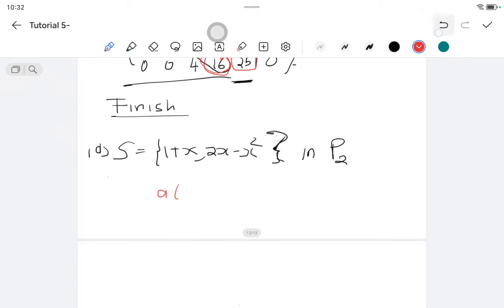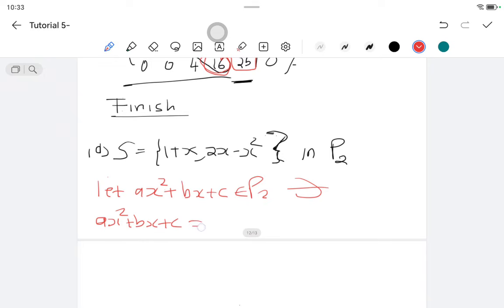First, before I write that in a linear combination, let me let ax squared plus bx plus c, because this is of degree at most 2, so the highest should be 2, be an element of P2, such that we can express this as a linear combination of this.